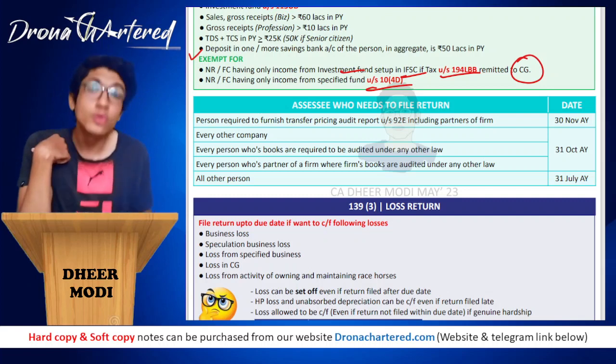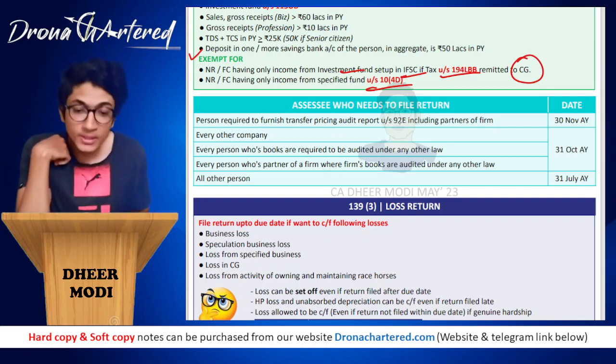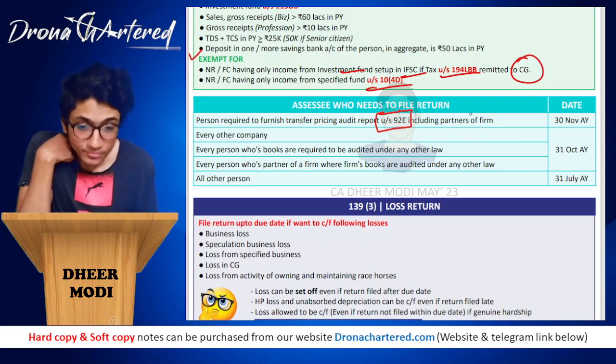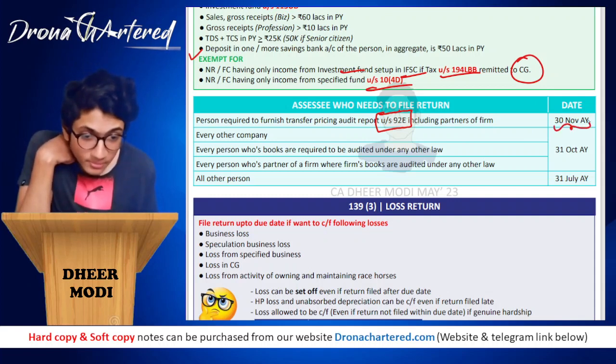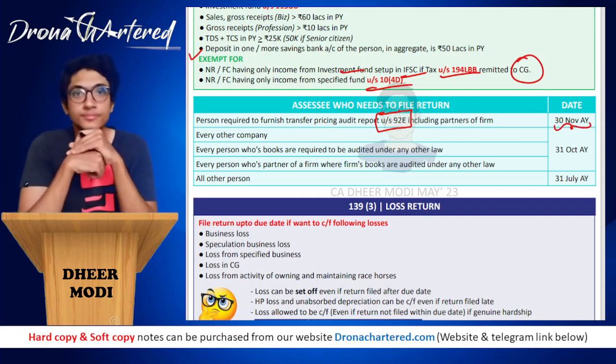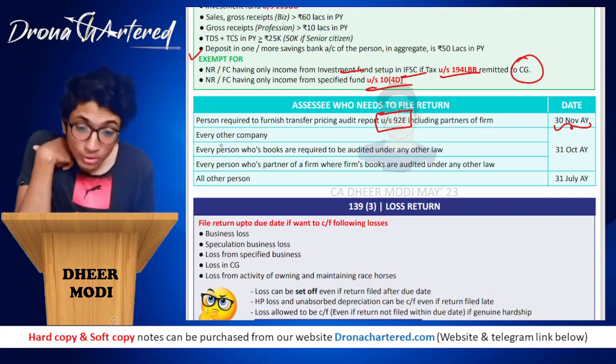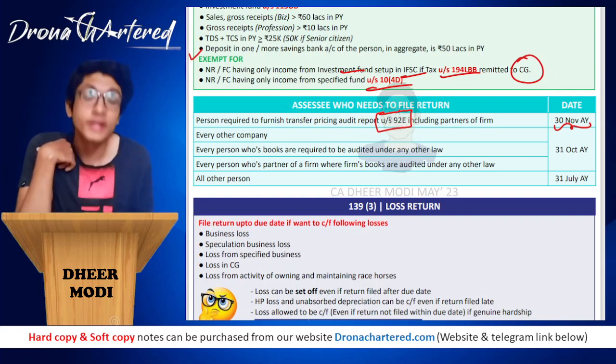So if you are required to furnish your TP report, under section 92E, in such a case, your date will be 30th November of your assessment year.